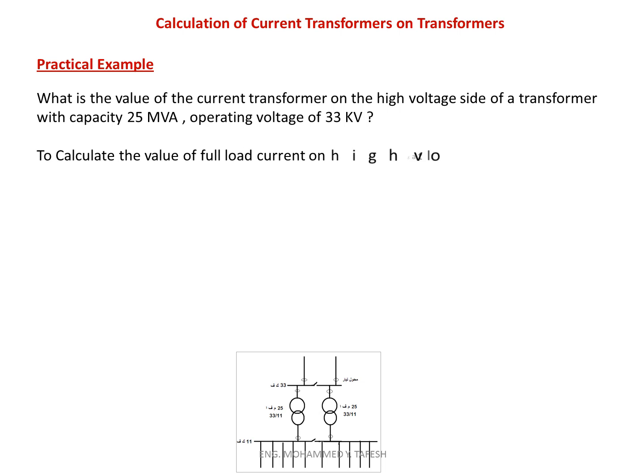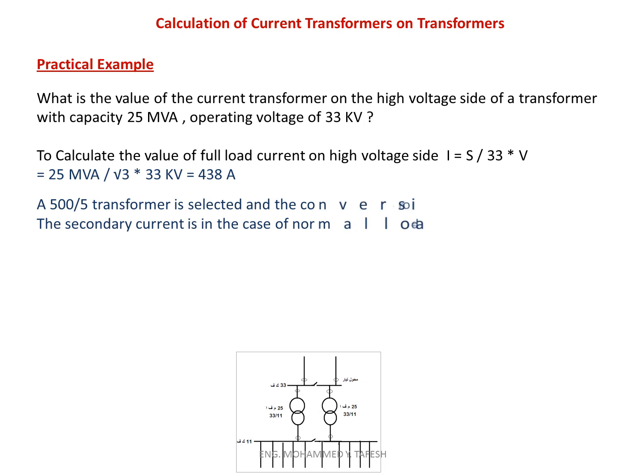To calculate the value of full load current on high voltage side, you have to write the power equation. After calculation, the value is 438 ampere.